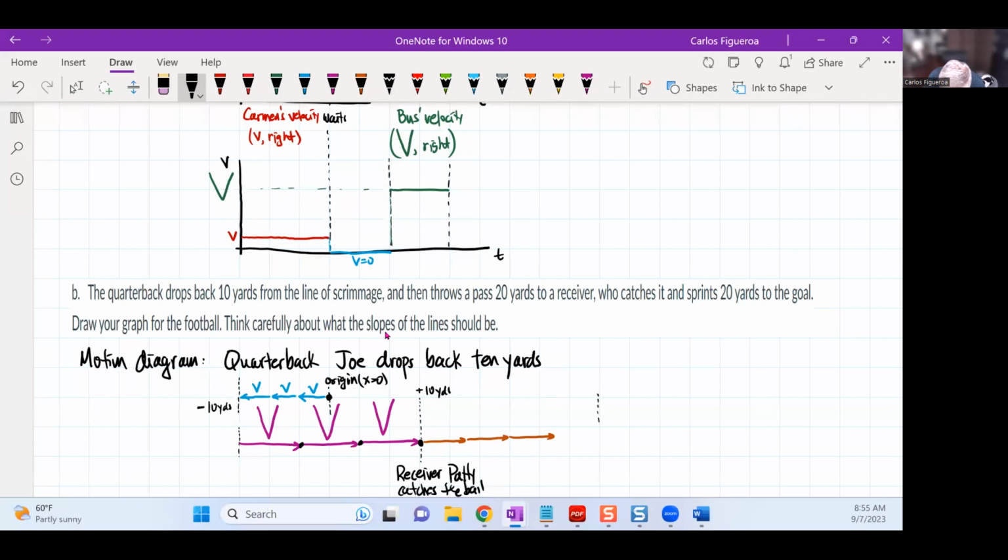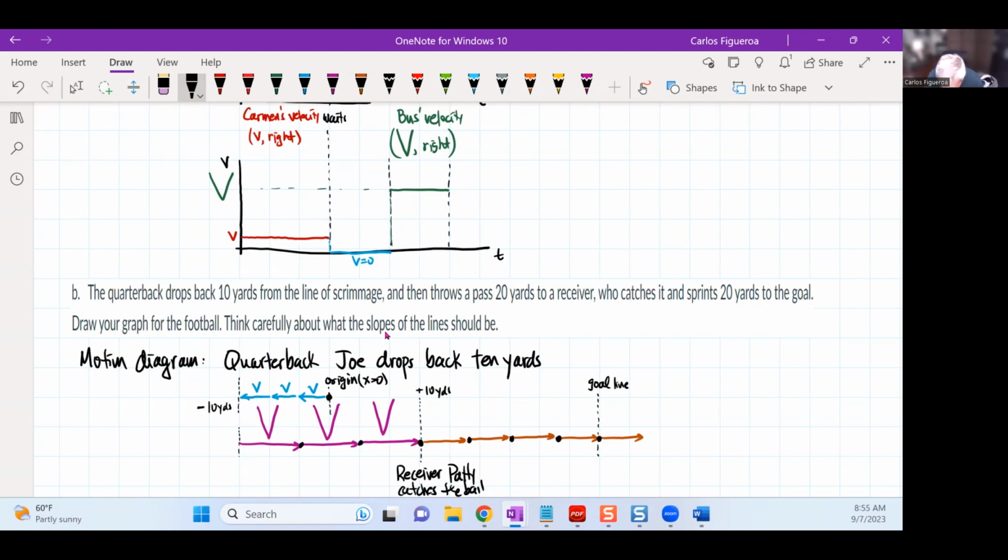So then this here should be the goal line, which has to be, that total distance has to be 20 yards. So then if I keep going here, it looks something like that.